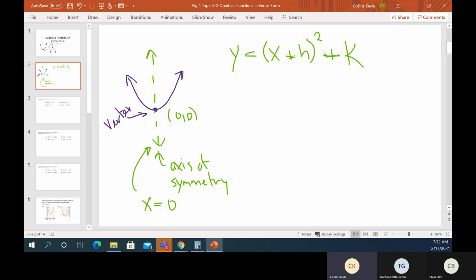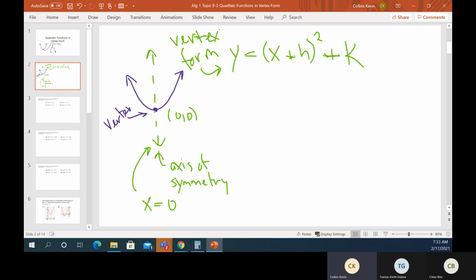So this is actually vertex form right here. So that's what that is. Okay. So the way this works, and hang on, I got something messed up here.